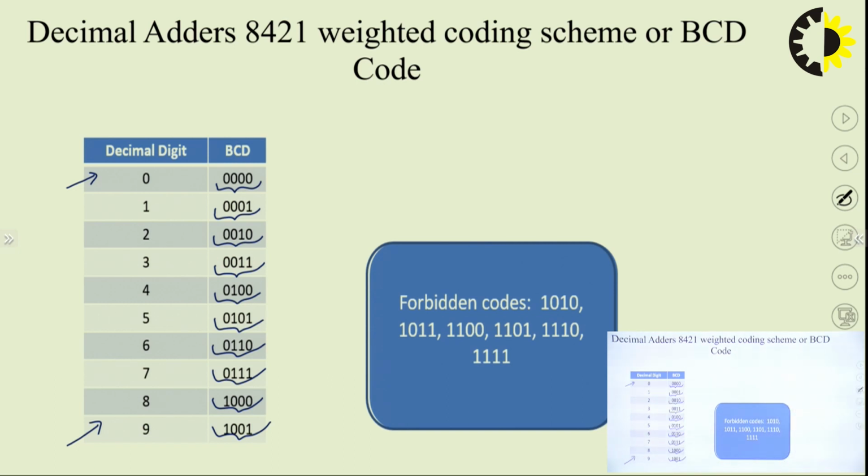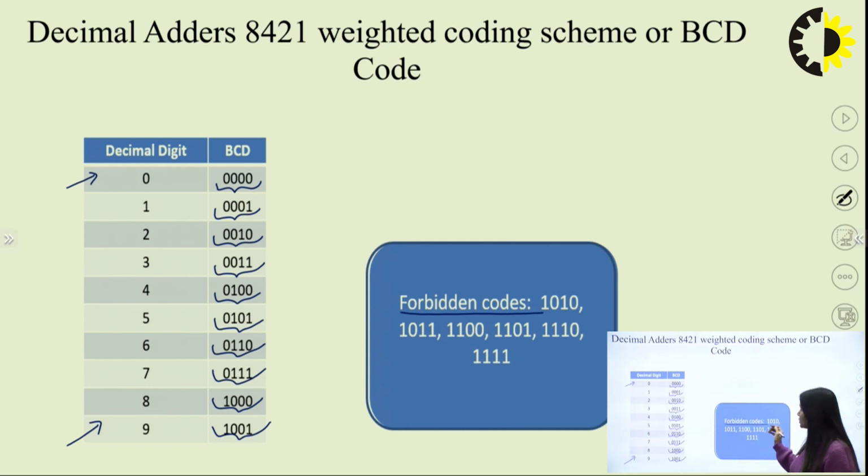Okay. So since we have 4 bits, 16 combinations are possible, but only 10 combinations are legal for BCD code. So the remaining 6 numbers from 10 to 15, that is 10, 11, 12, 13, 14, 15, are known as forbidden codes or illegal codes or invalid codes as far as BCD numbers are concerned.